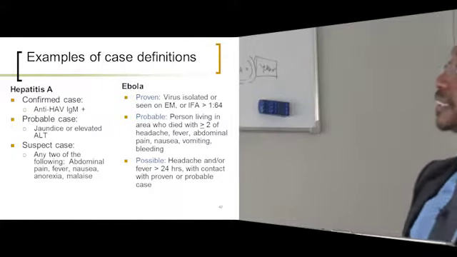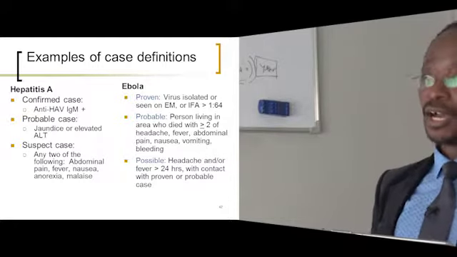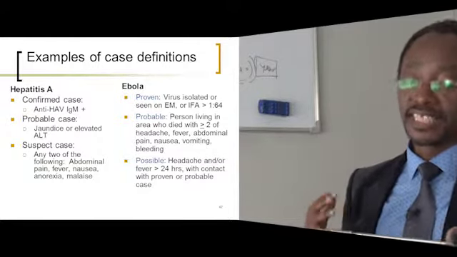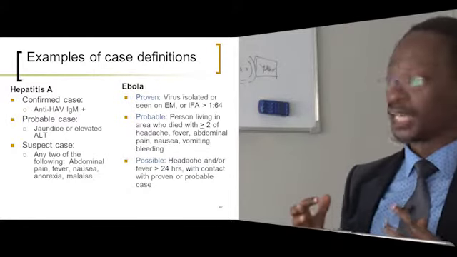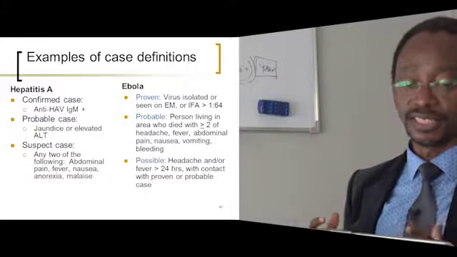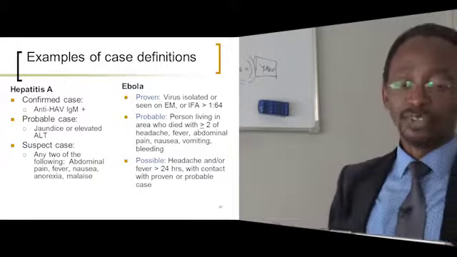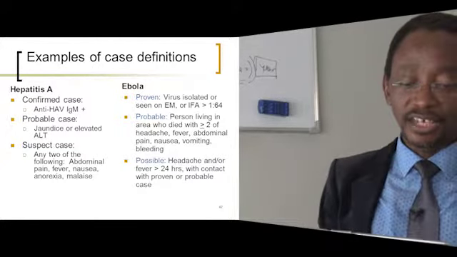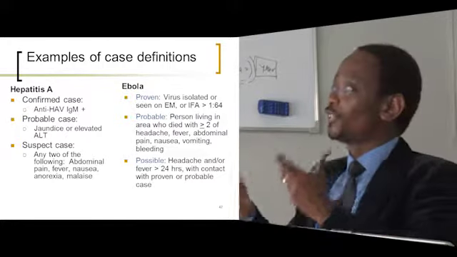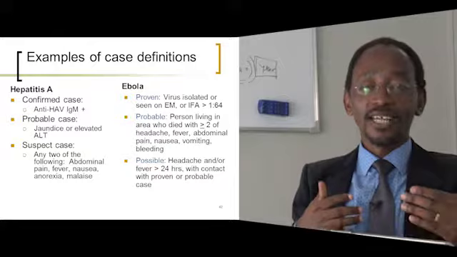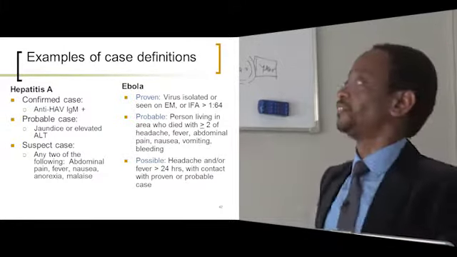While a possible case is a person who has jaundice, that is the yellowing of the eyes, or an elevation of a certain liver enzyme, which is called alanine transferase, ALT. Now, a suspected case is any two of the following: abdominal pain, fever, nausea, anorexia, and malaise. Any two, a combination. Why we do that is to increase the sensitivity. While why we go upwards to probable and confirmed is to increase the specificity.